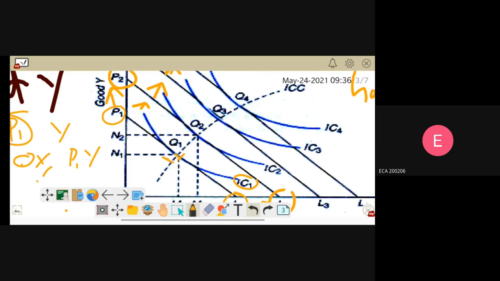So that is the equilibrium point. When the income increases to a higher level, the budget line shifts to P2 L2. At that point, the corresponding equilibrium point is Q2, where the IC2 indifference curve is tangent.